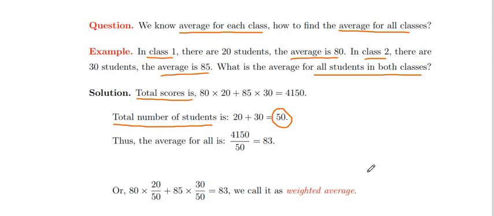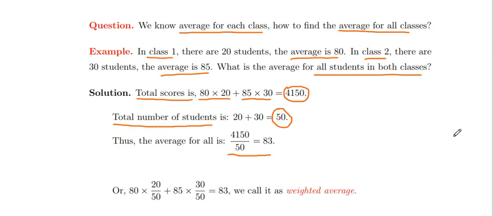The total score in class 1 is 80 multiplied by 20, because the total score is the average multiplied by the total number. For class 2, the average is 85 and we have 30 students, so the total score is this. So the total score for the 2 classes is this, and the average is this over 50, right?